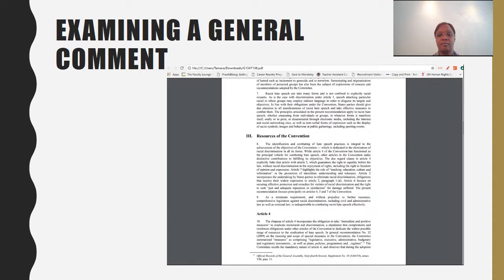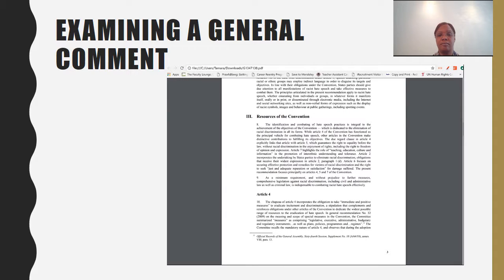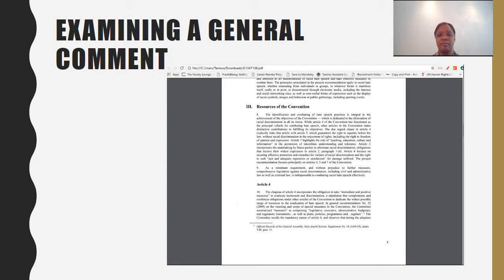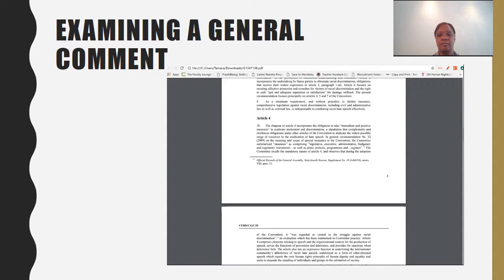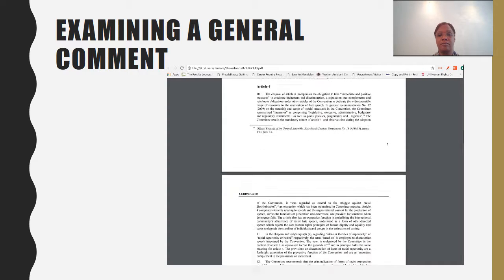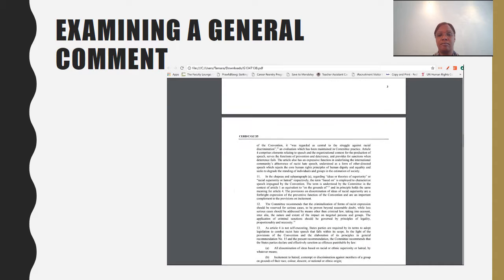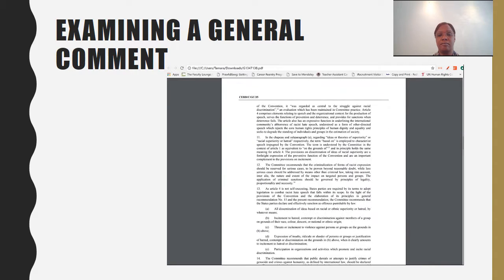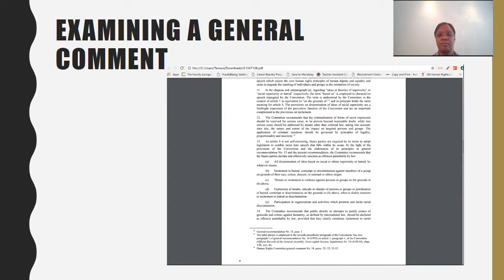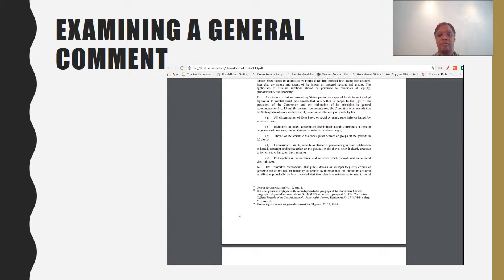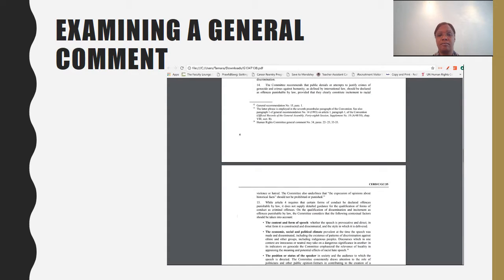Here, I find it very interesting that they talk about a specific article, Article 4, and they give their interpretation about words inside of that article. These types of recommendations or comments are very useful if you are using persuasive arguments and you want to show that the actual monitoring body also has interpreted your idea the same way.